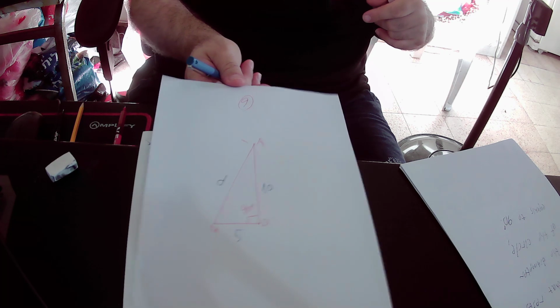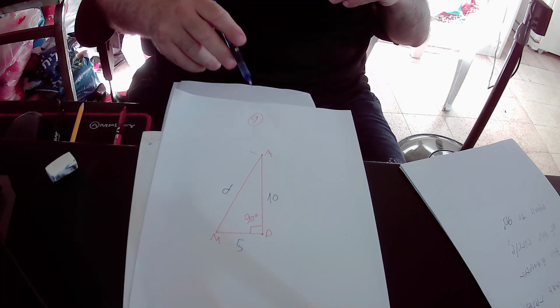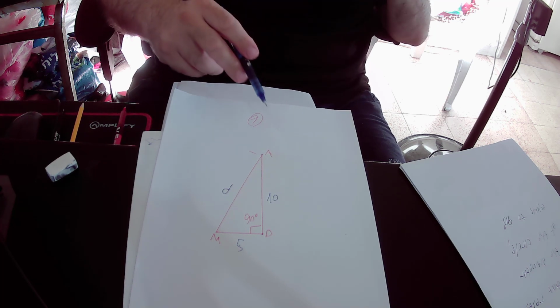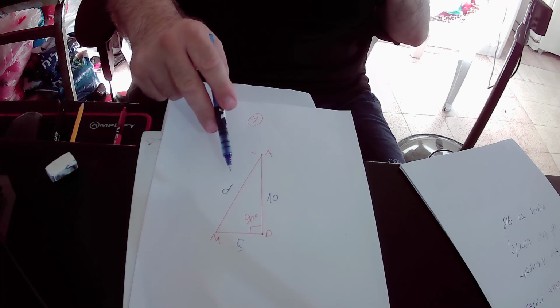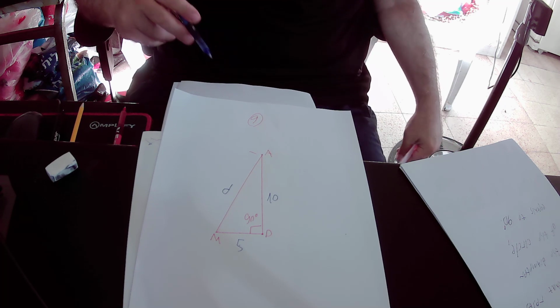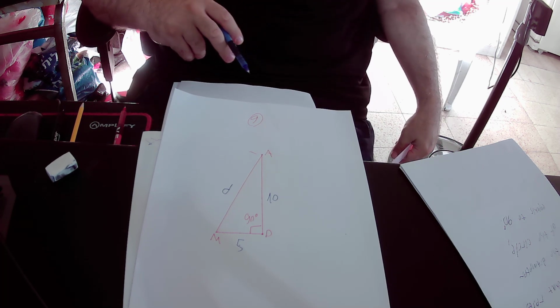We will use the Pythagorean theorem in order to find out the size of D. As I've already told you, D is the diameter of this circle. That is to say, it equals 2 times the radius of the circle.